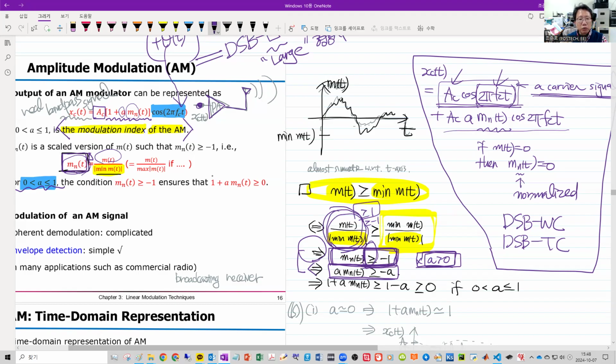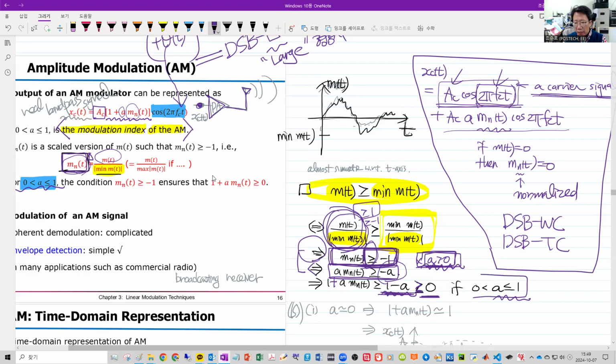Now you add 1, and you may say, why? But anyway, let's add 1, and let's see what's going on. If A is chosen not only positive, but also less than or equal to 1, what happens? The right-hand side becomes 1 minus A, which becomes non-negative, right?